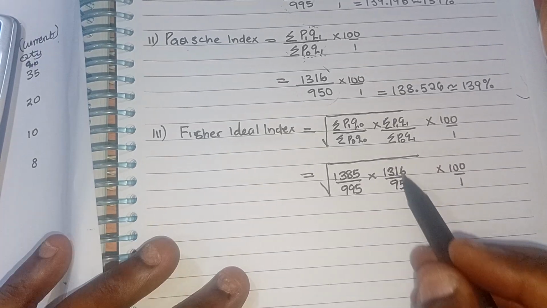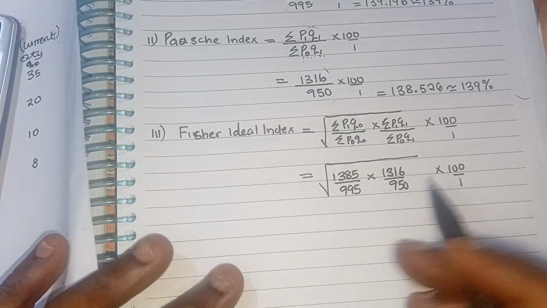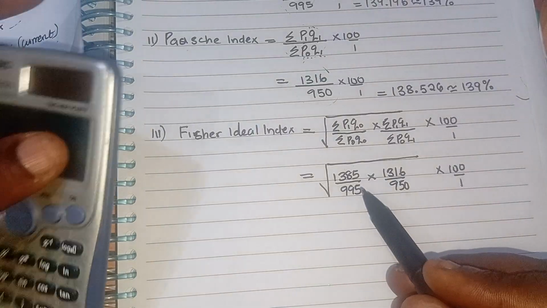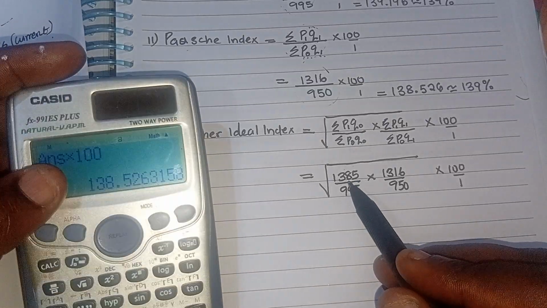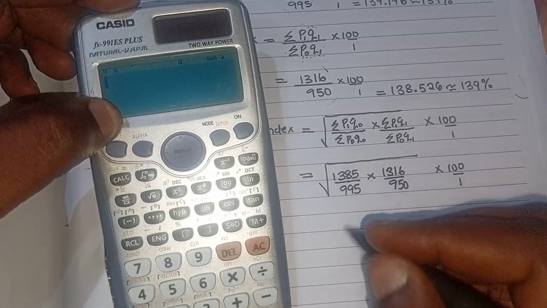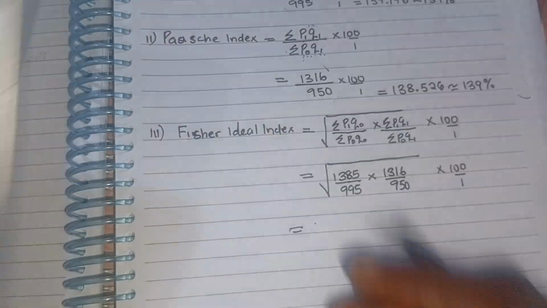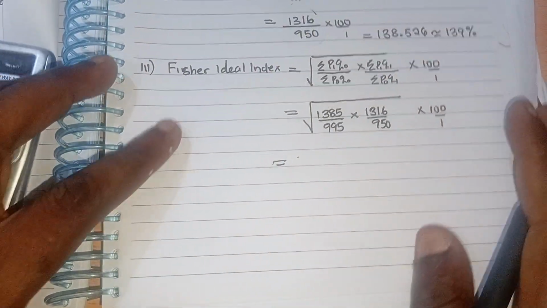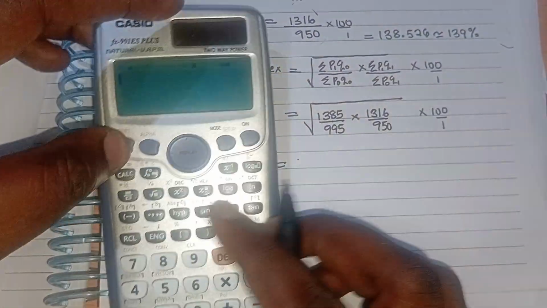Take note, you first find this, take the square root before you multiply by 100. So when you divide this, what do you have?